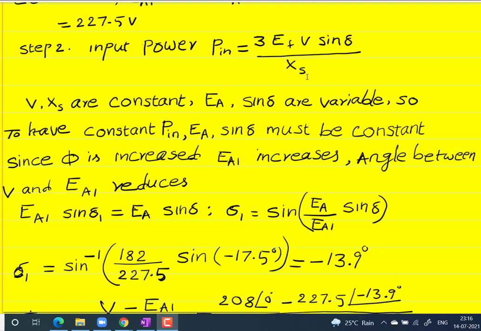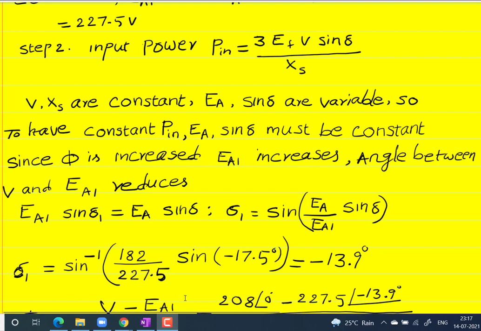XS is also the same. So once we divide one over the other, we get EA1 sine delta 1 is equal to EA sine delta. The new condition is EA1 sine delta 1 and the previous case is EA sine delta. From this we can say delta 1 is sine inverse of EA divided by EA1 into sine delta.